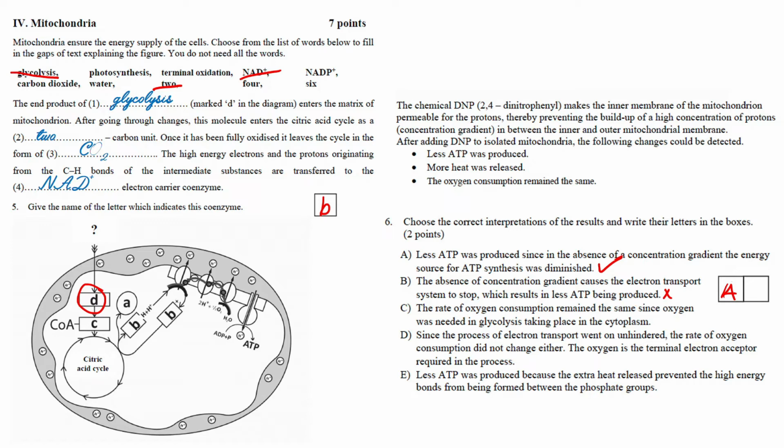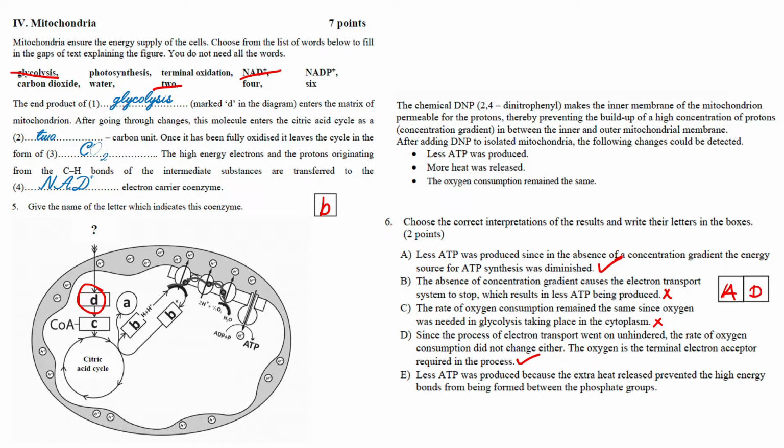The rate of oxygen consumption remained the same since oxygen was needed in glycolysis taking place in the cytoplasm. No. Since the process of electron transport went on unhindered, the rate of oxygen consumption did not change either. The oxygen is the terminal electron acceptor required in the process. That is true. So D comes next to A.